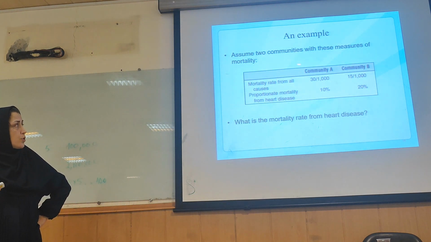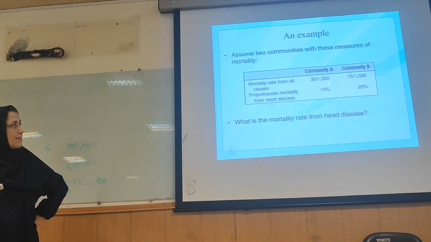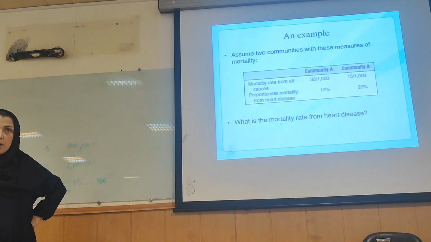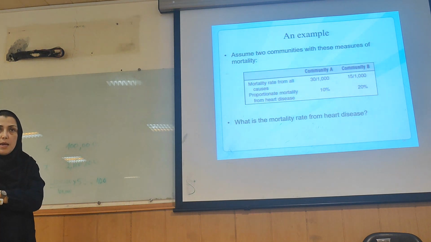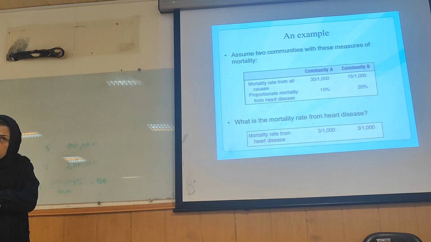We know that mortality rate from all causes is 30. We know that 10% of this 30 is related to heart disease. Okay. So 10% of the deaths of community A were from heart disease, which means 3 of the deaths were from heart disease.